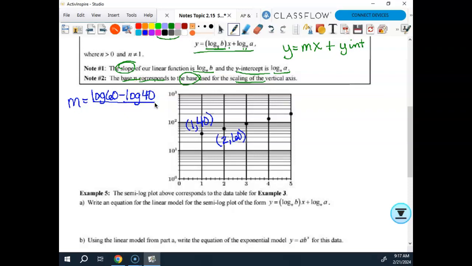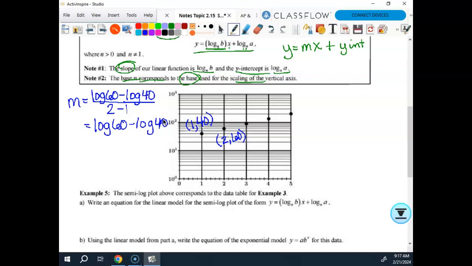So log of 60 minus the log of 40, over 2 minus 1. It's still slope. It looks way more difficult because of that, but it's no big deal. I know that 2 minus 1 is 1, so this is just the log of 60 minus the log of 40. Does that become the log of 20?